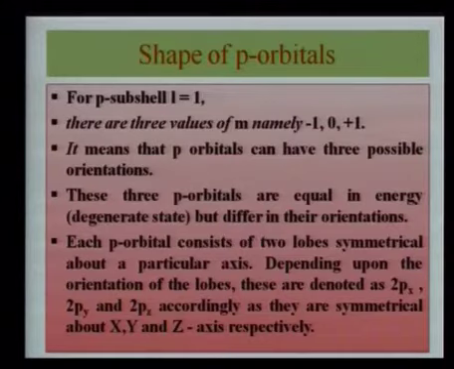These three p orbitals are equal in energy, meaning degenerate state, but differ in their orientation. Each p orbital consists of two lobes symmetrical about a particular axis depending upon the orientation of the lobes. These are denoted as 2px, 2py, 2pz, as they are symmetrical about the x, y and z axes respectively.